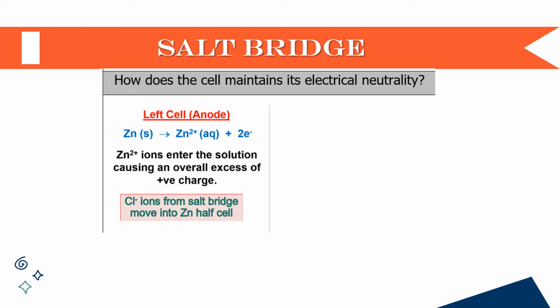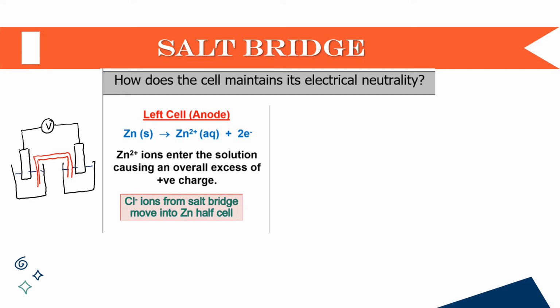Let me draw a quick sketch of your galvanic cell. You need to make sure that you know how to draw your galvanic cell. First you will have your voltmeter over here, and then your wire, you will have 2 electrodes, and then your 2 beakers connected by a salt bridge, and then you will have your electrolyte inside.